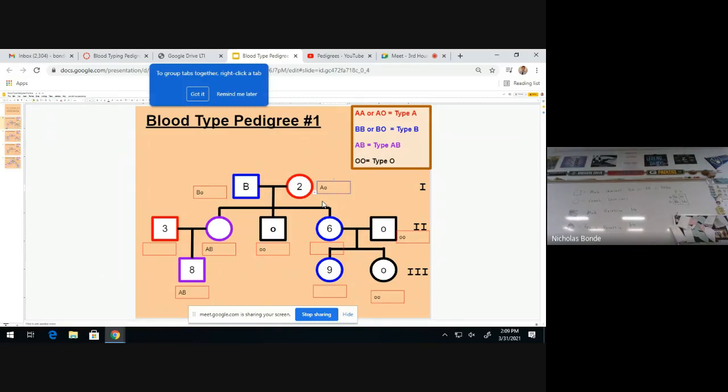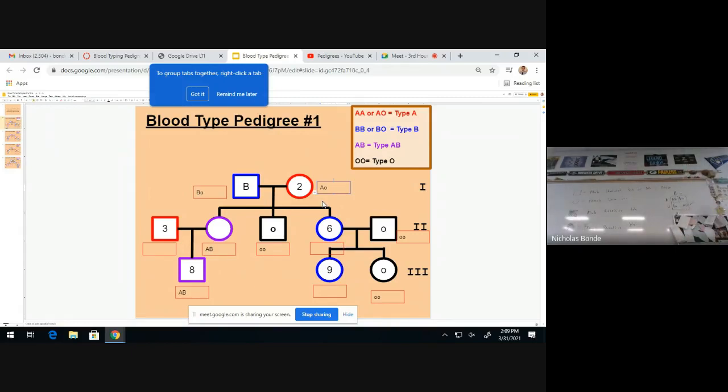The reason why is because if we do a Punnett square on these and we cross BO with AO, a possible offspring is OO.